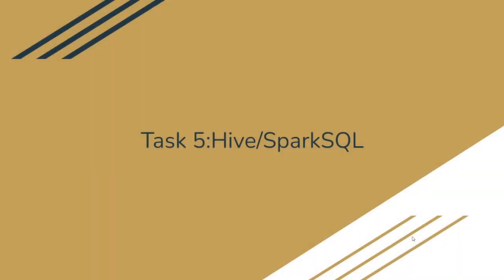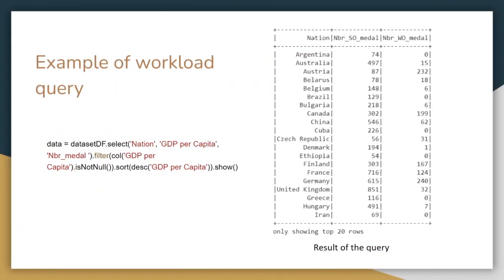For the fifth task, which was about Spark SQL, we converted our OLAP queries to methods of the Spark structured API, which uses methods like select, filter, and sort in this example.